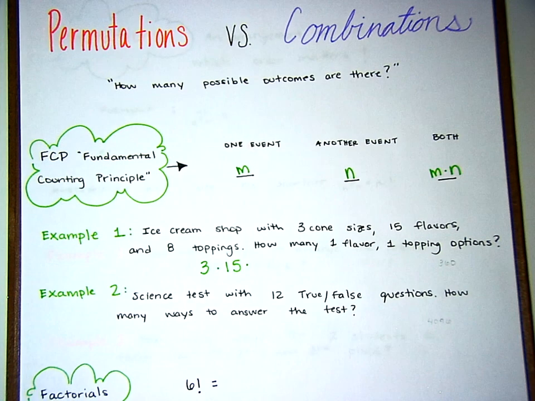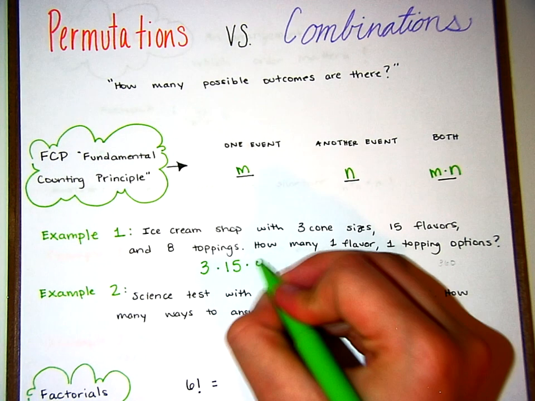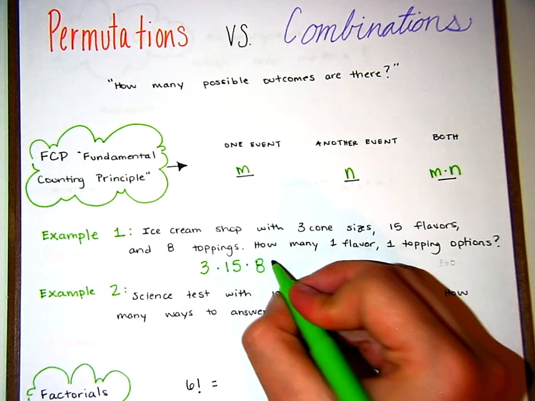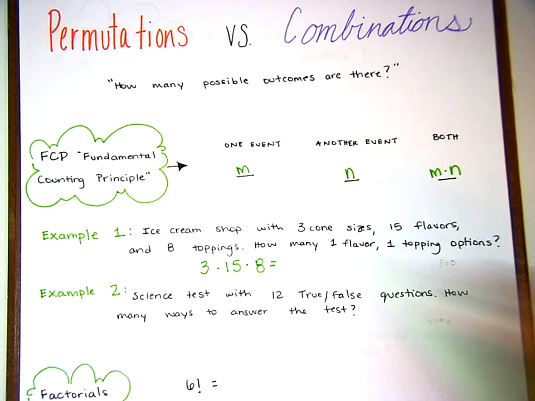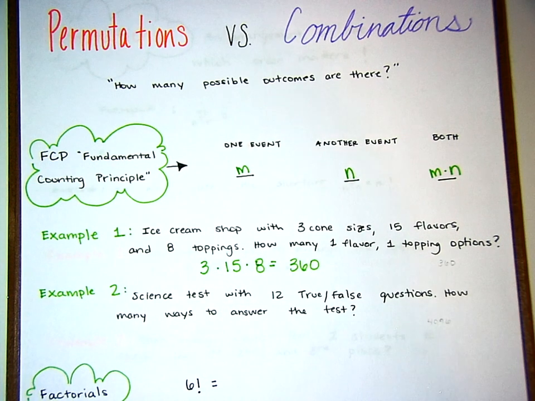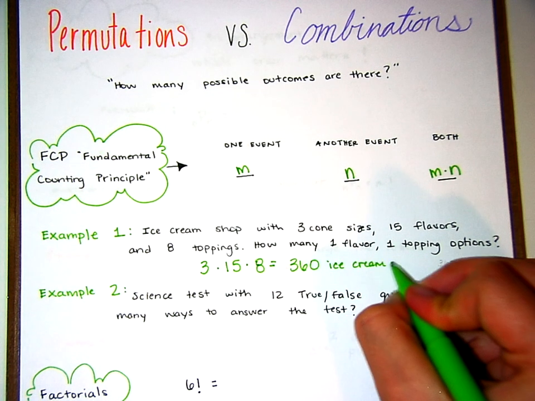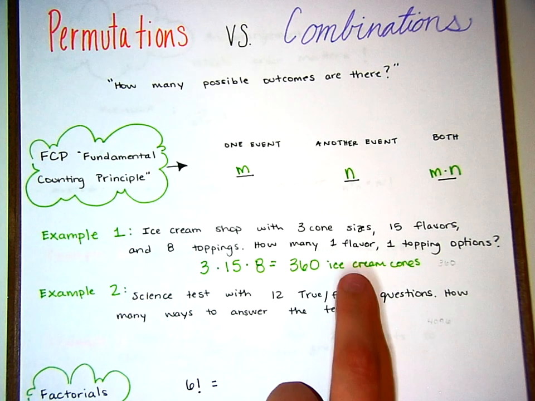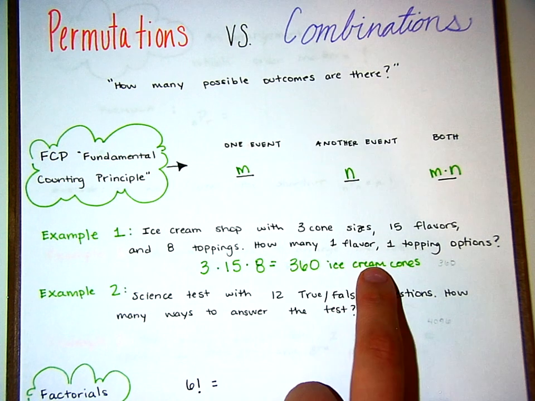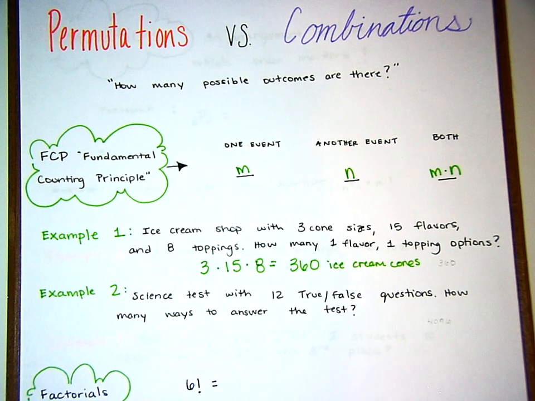And then if I have 8 toppings, I'm going to multiply by 8 possible toppings. And if I multiply all 3 numbers together, I get 360 possible ice cream cones, and so I can just use that as my unit. Ice cream cones. The important part to notice here is that I said how many one flavor, one topping options do we have. So it's just one of each.